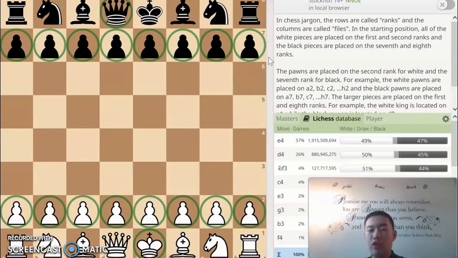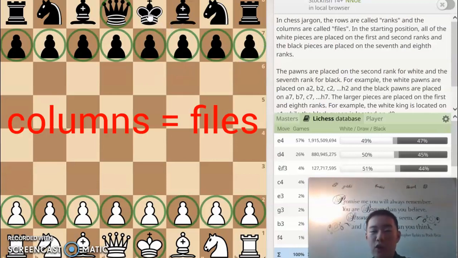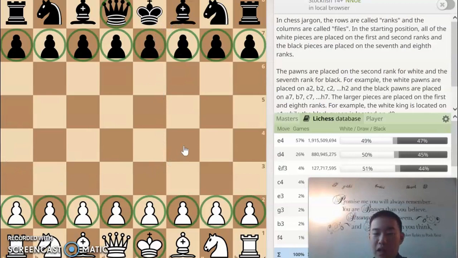So in the language we use in chess, the rows are called ranks and the columns are called files. So for example, the fourth row will be called the fourth rank and the H column will be called the H file. In the starting position, all of the white pieces are placed on the first and second ranks, which is the first and second rows.